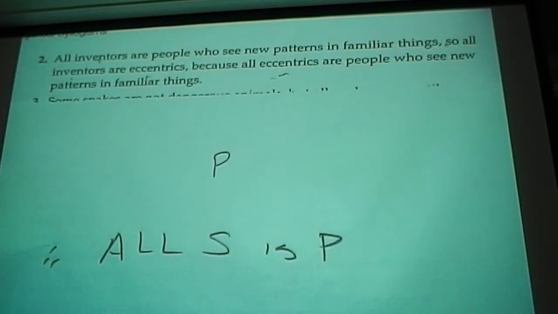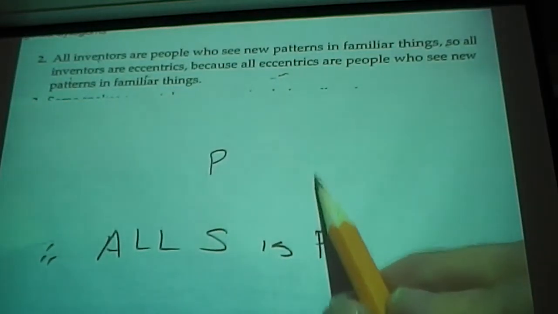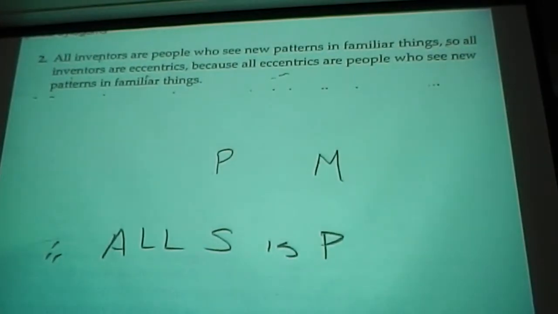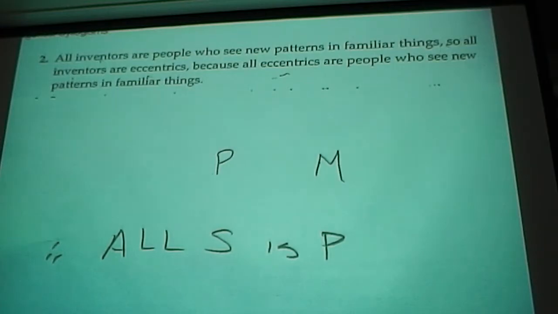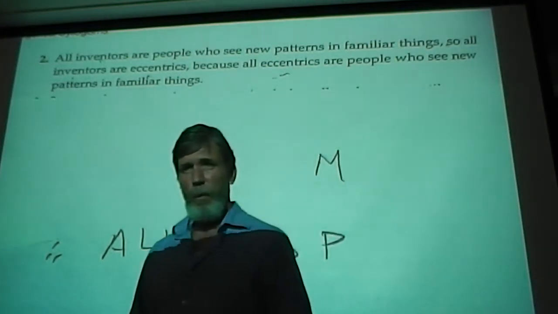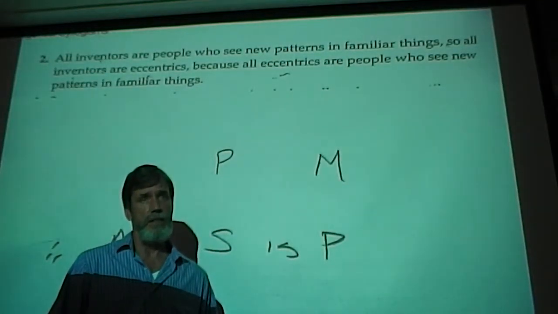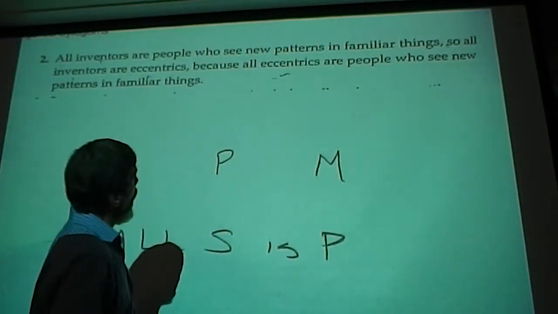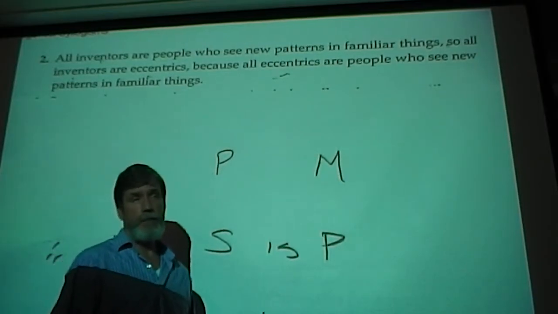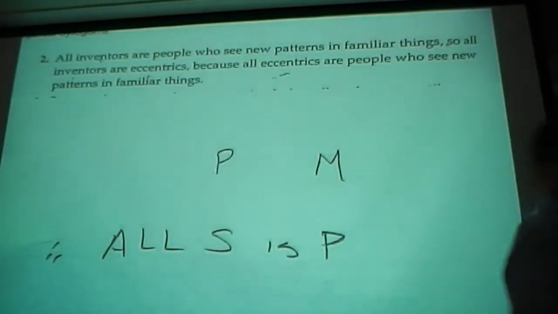Now that premise also has to contain the middle term M, and there's only one place for it to go. So let's take care of that. Then you just finish it off by recognizing what sort of proposition that translates into, A, E, I, or O. All eccentrics are. So you fill in your quantifier and copula. All P is M.